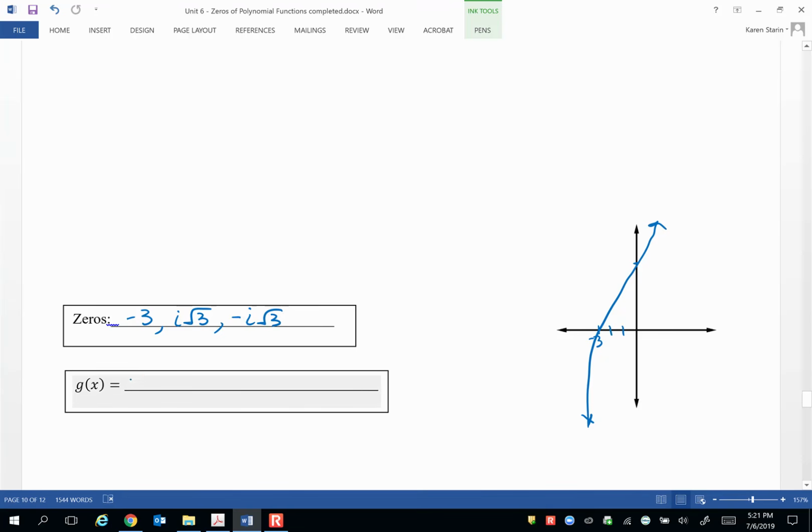And as a product of linear factors, we have x minus a negative 3 simplifies to x plus 3. We have x minus i root 3, and then x minus a negative i root 3 simplifies to x plus i root 3.